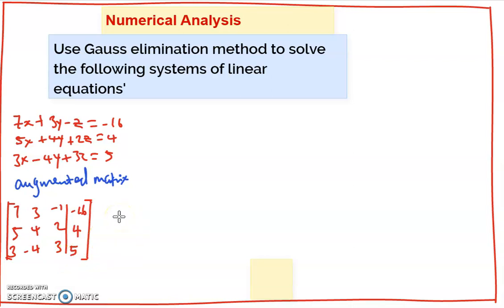So let's start by working on the first row and try to see how to reduce this first row to 1, and then we maintain this 3, and then hopefully -1 and -16 are also maintained.